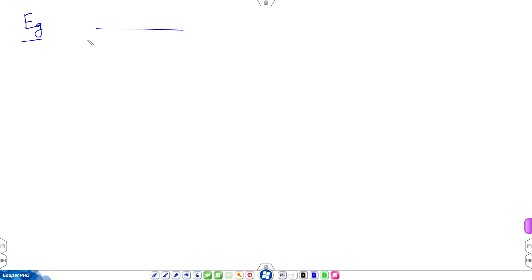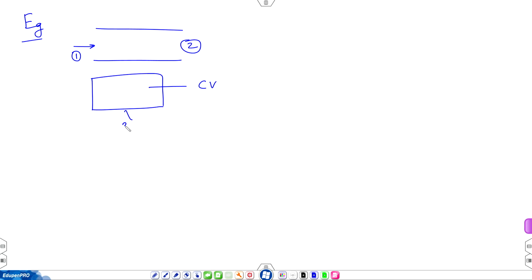So, let us go back to a simple example of flow through a tube. So, this is plane 1, this is plane 2. Set up a control volume like this and pick the side surface to overlap the tube wall, so that u dot n is 0.